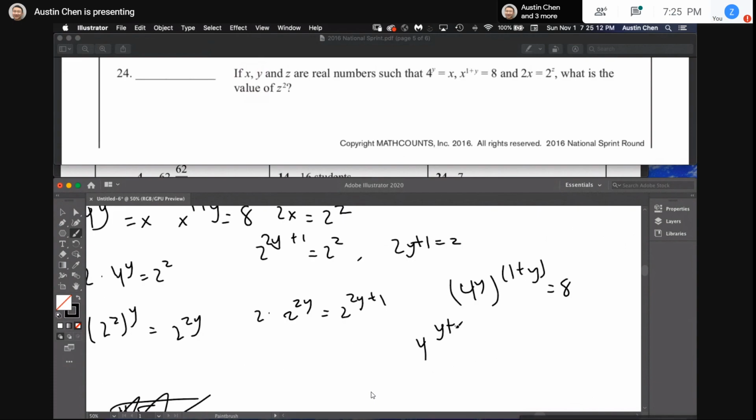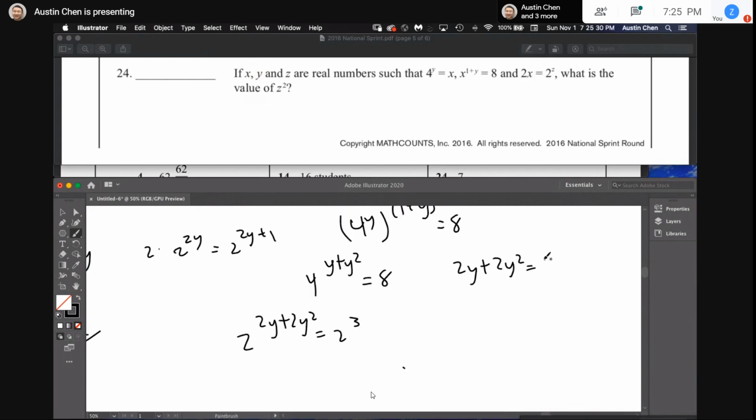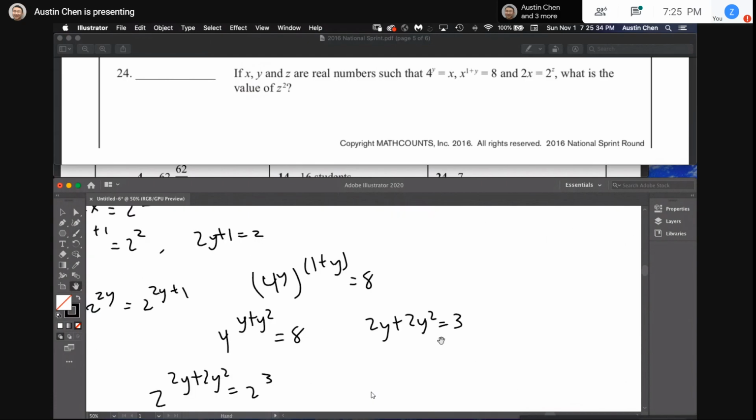Well, what is this? We can use the same 2 squared thing, right? So we're saying 2 to the 2y plus 2y squared equals 2 cubed. And we can use the same thing to say that 2y plus 2y squared equals 3. And then we can use this to solve for y, and then use that to solve for z.